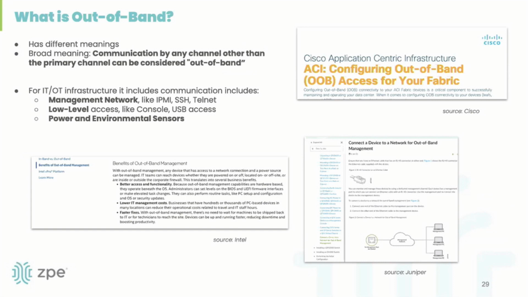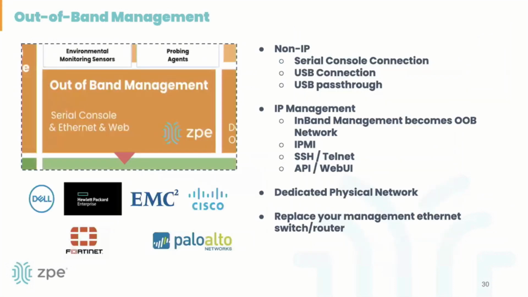So we're talking about connections through IPMI, through traditional management networks like SSH, Telnet, Web UI, APIs, as well as power and environmental sensors. So all of that combined is for us out of band. When we're talking about out of band management, that is your entire management network, as well as the non-IP based stuff, all combined.